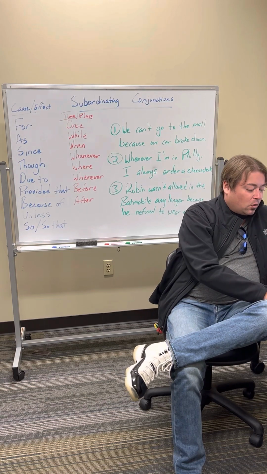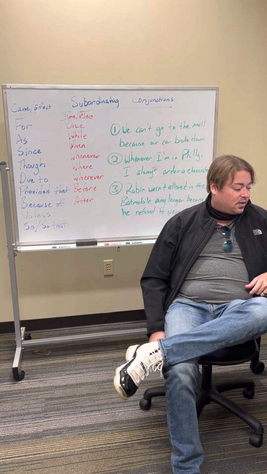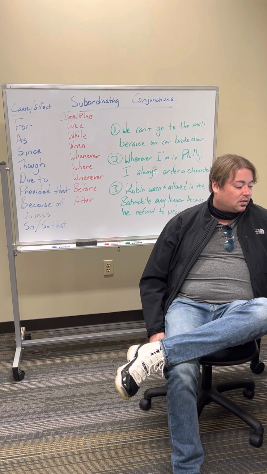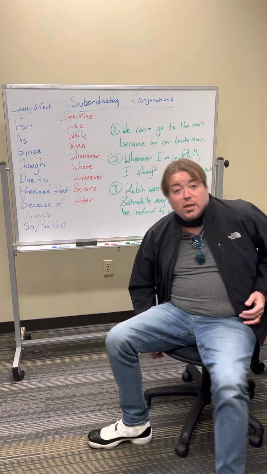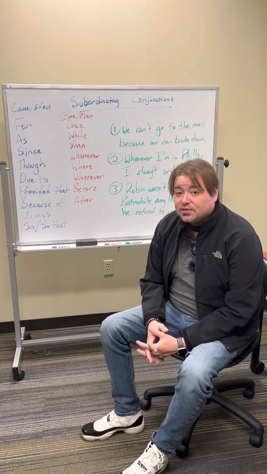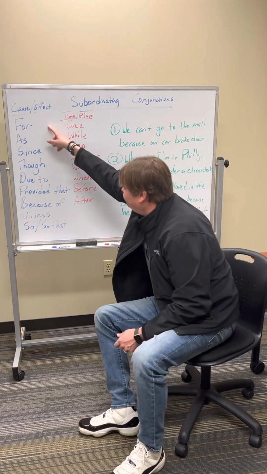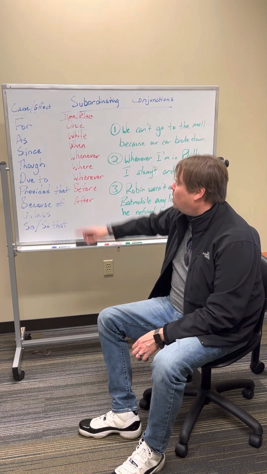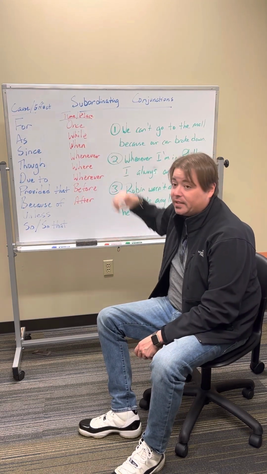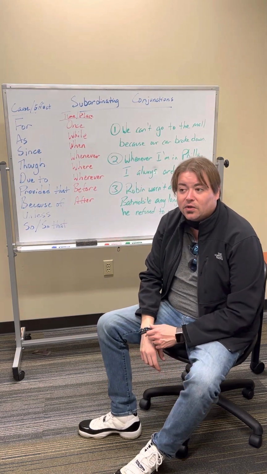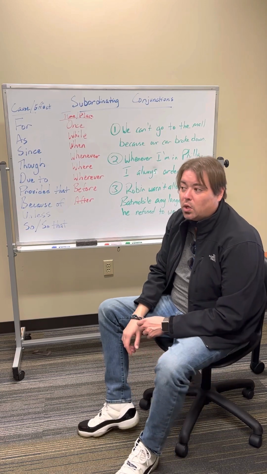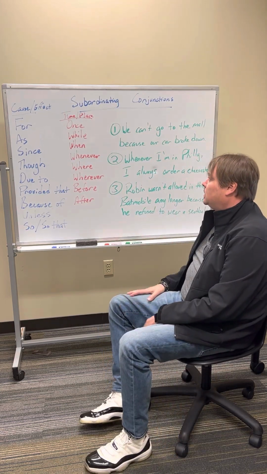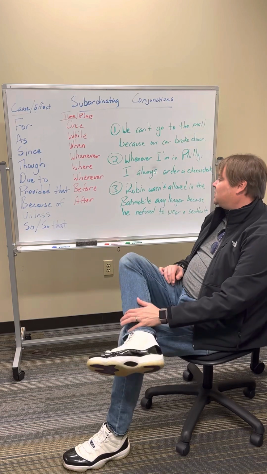So, subordinating conjunctions are words and phrases that connect dependent clauses to independent clauses. They always show a cause and effect relationship or some sort of specification on time or place. So those are the primary reasons that one would use these. So let's take a look at a couple of these sentences.